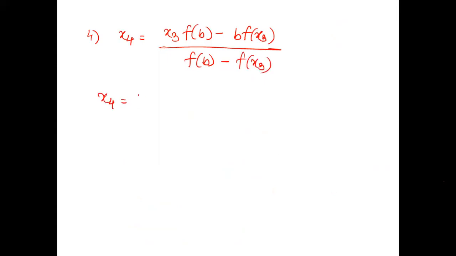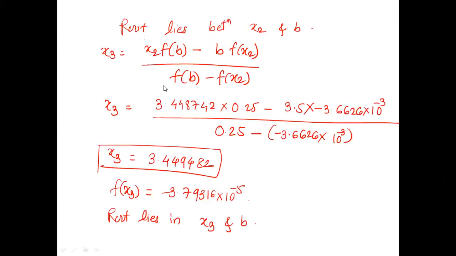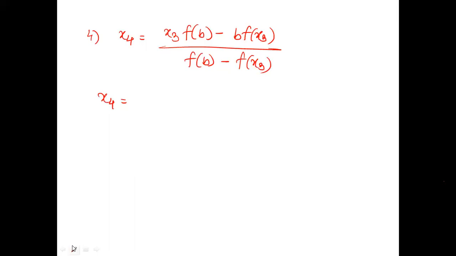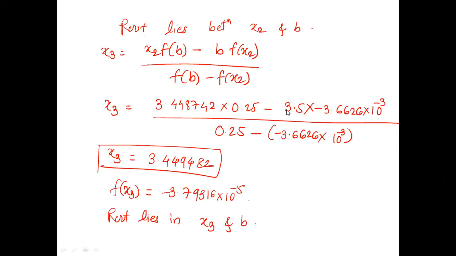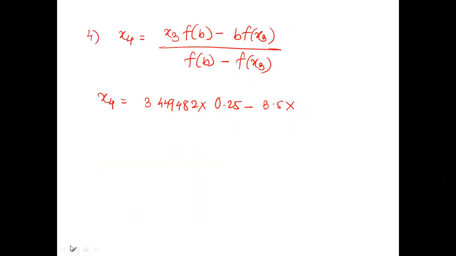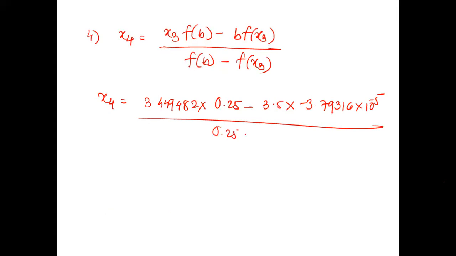So x4 is x3, 3.449482, into f of b, minus b into f of x3, minus 3.79316 into 10 raised to minus 5, upon f of b minus this.